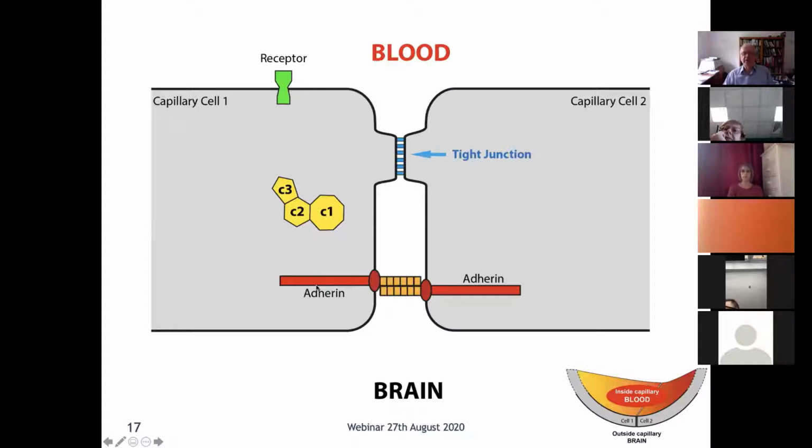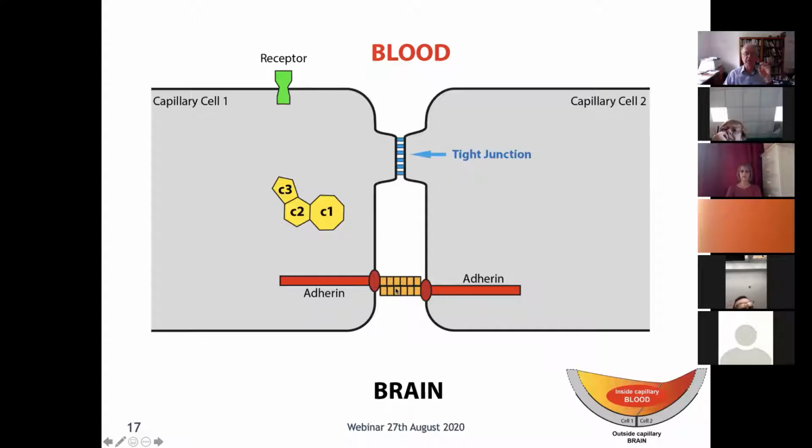This is another protein. This is an important protein. This is called aderin, and each cell has aderin molecules with a tail inside the cell, a bit that crosses the cell membrane. This black line here is the cell membrane of capillary cell 1, and then it has in the space between the cells 6 units which combine and which form what I'm trying to get.